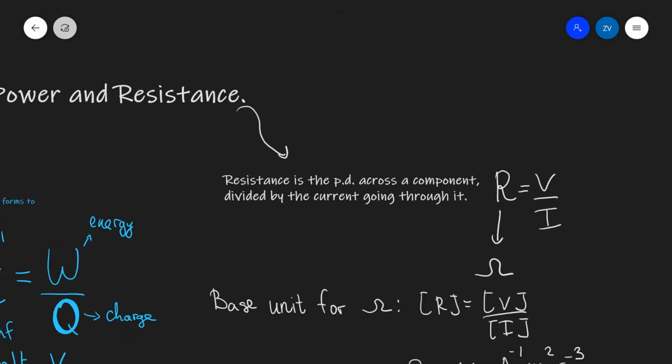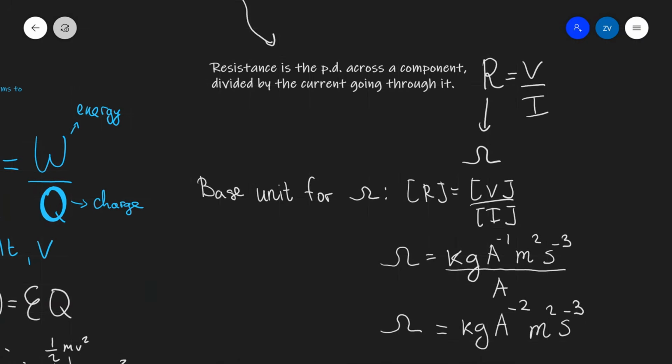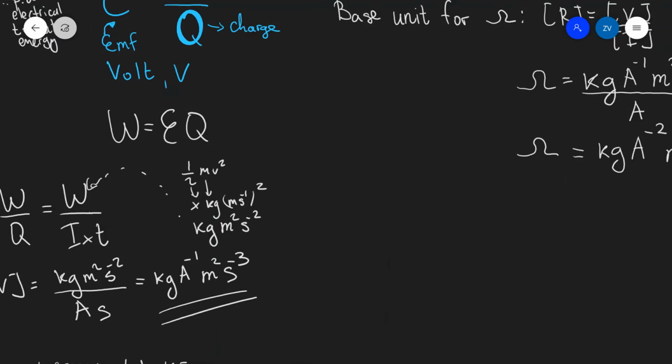We can work out the base unit for the ohm just by the fact that resistance is essentially potential difference divided by current. We have already worked out the potential difference's base units, which is kg A to the power of minus 1 m squared s to the power of minus 3. If you can't remember how to work this out, I suggest rewinding this video a couple of minutes where we did this just here.